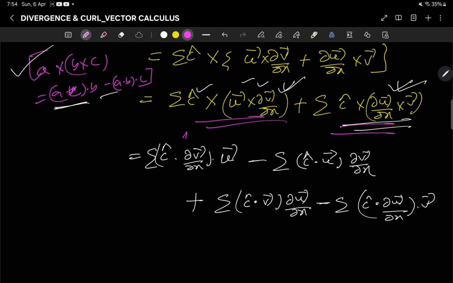Now collect the first, then the second, then the third and fourth terms in this way.